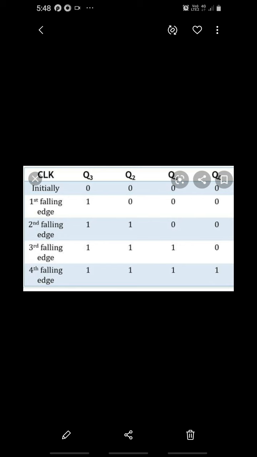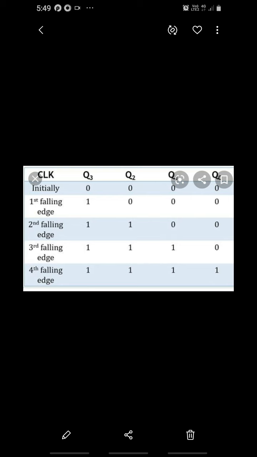Take another bit, 1, and take another bit, the third bit during the third clock pulse, that is 0, and take during the fourth clock pulse, that is 1.